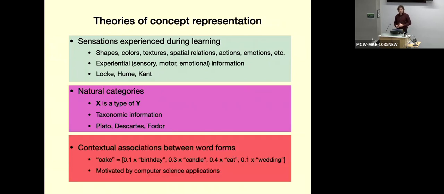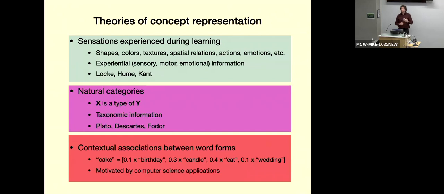And more recently, researchers have been proposing another form of concept representation, which is actually based on the word forms that we use to refer to the concept. This is called the distributional hypothesis, because it has to do with the frequency of co-occurrence between different words in our natural language.